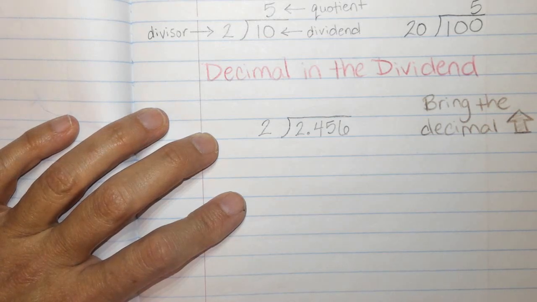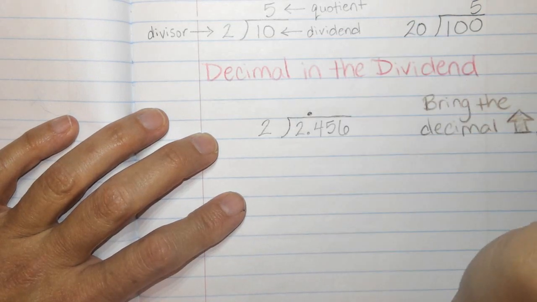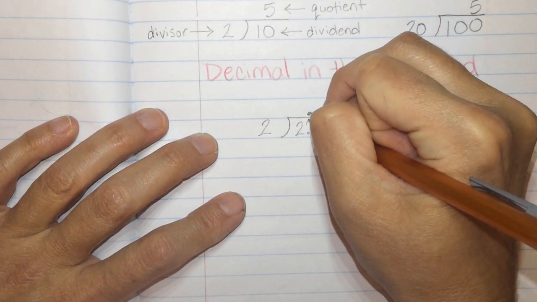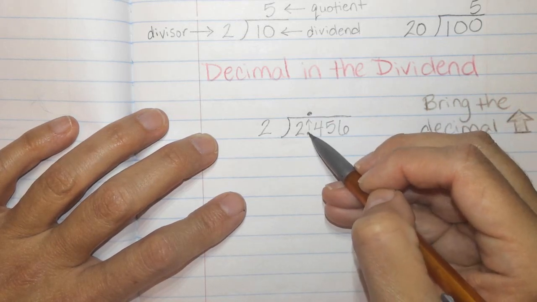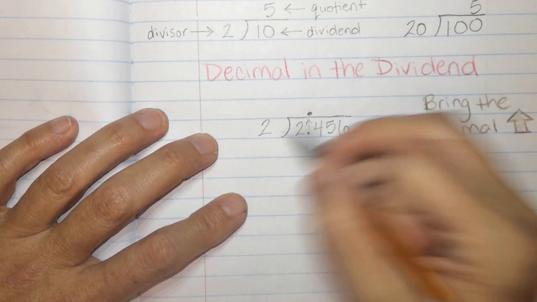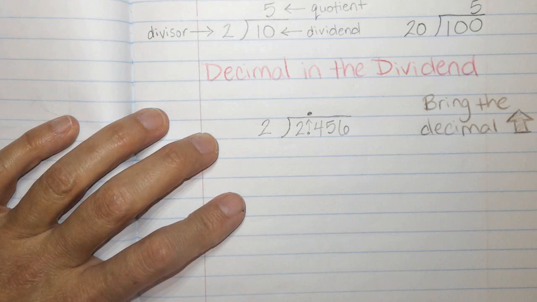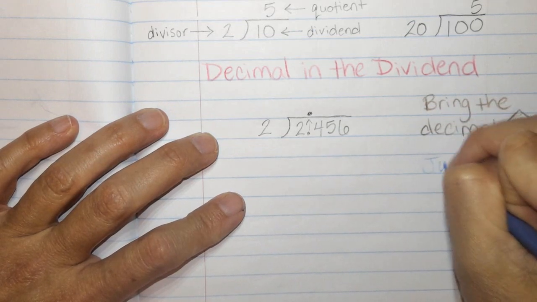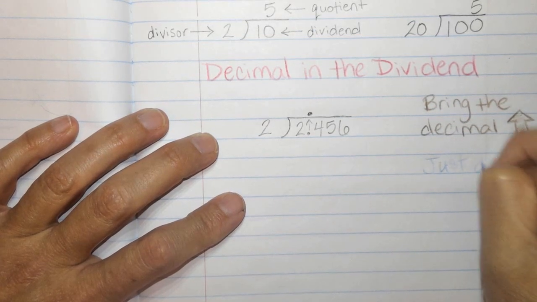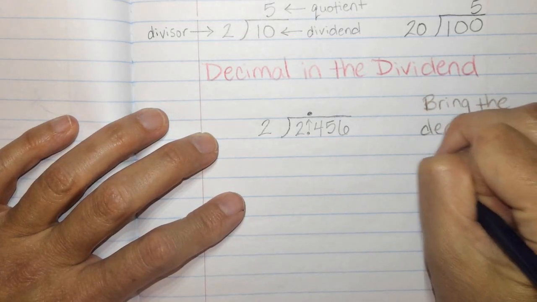The decimal was here, and now we just brought it up, so that the quotient will have a decimal in the same place that the dividend had a decimal. Then you just divide like you normally would.